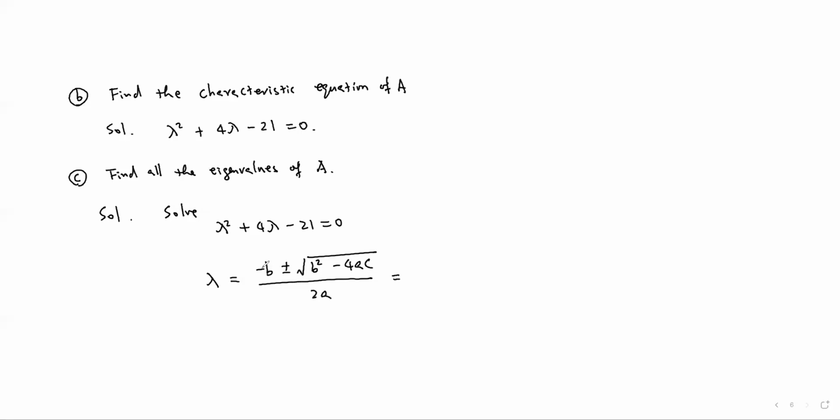Now b is 4. 4 squared. Let me see. 4 times a. A is 1, right? The coefficient of the leading term is 1. Then times c, negative 21. Then 2 times a. A is 1. Then calculator. I get 3, negative 7.